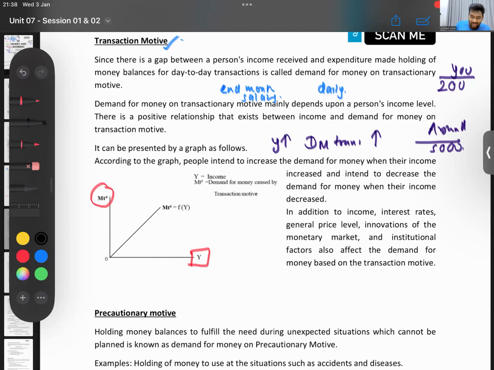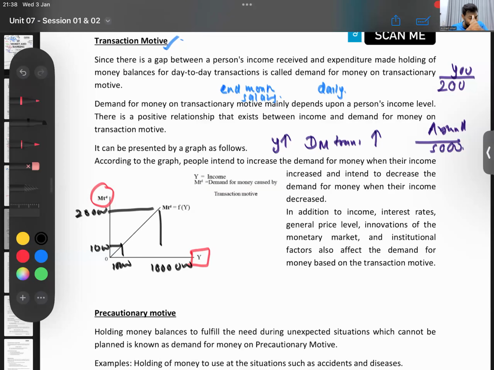If you're earning only 10,000 rupees a month, you are only keeping 1,000 rupees in your purse. If your income is 1 million a month, in your purse you might have 20,000 rupees. When your income increases, demand for money under transaction motive increases.